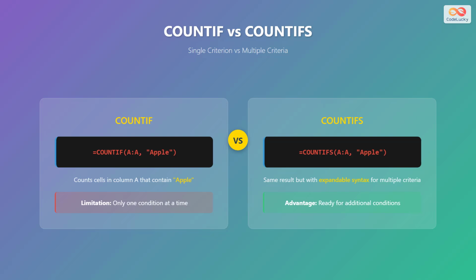Its advantage is that it is ready for additional conditions. The formula for COUNTIFS is =COUNTIFS(A:A, "apple"). So while COUNTIF is suitable for single criteria, COUNTIFS provides the flexibility to handle multiple conditions.